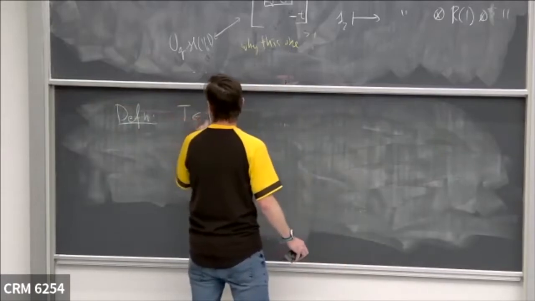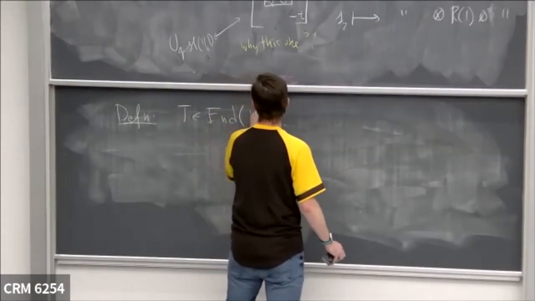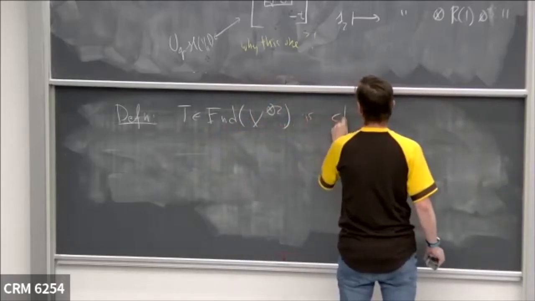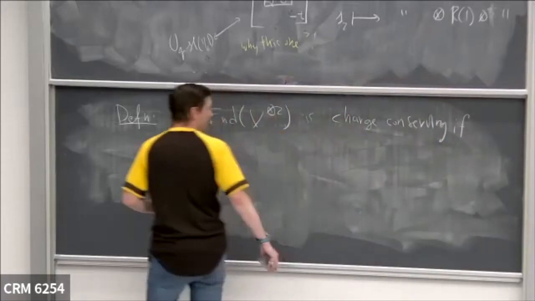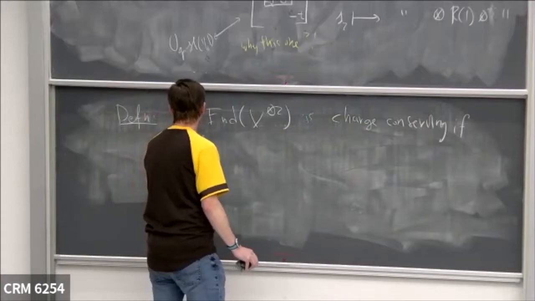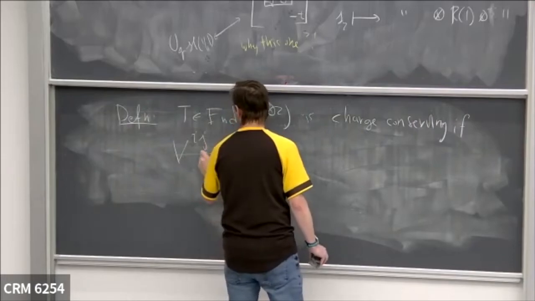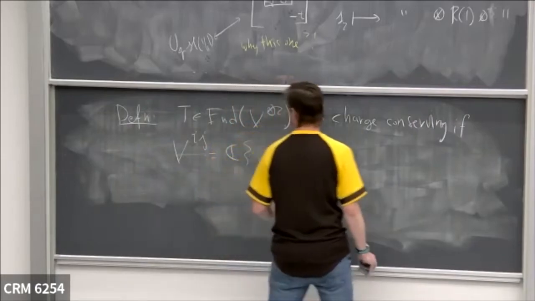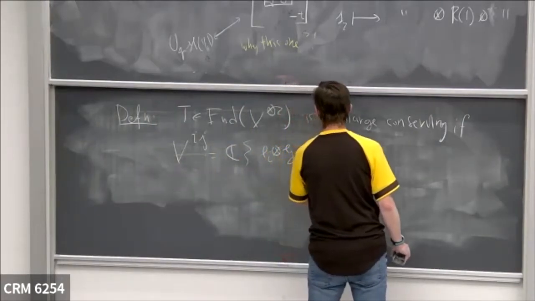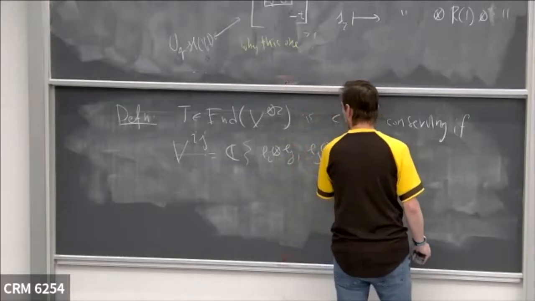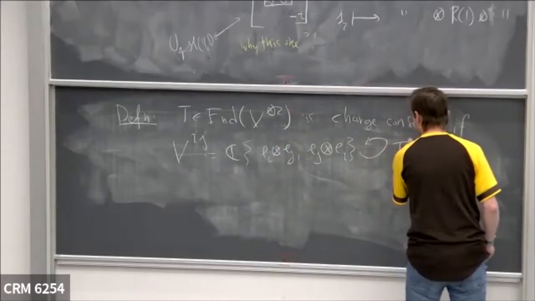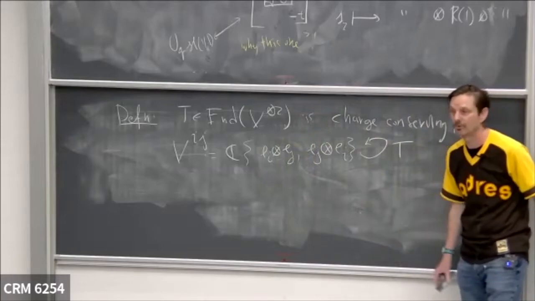So I have some T, an endomorphism of two copies of V. It is charge conserving if I look at the subspace labeled V_ij, defined to be the span of e_i tensor e_j and e_j tensor e_i, and it is preserved by T for all pairs i and j, potentially i equal to j.